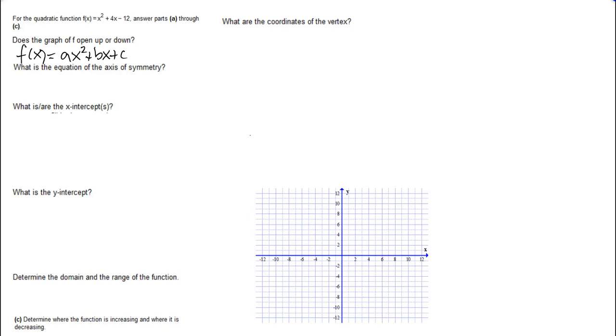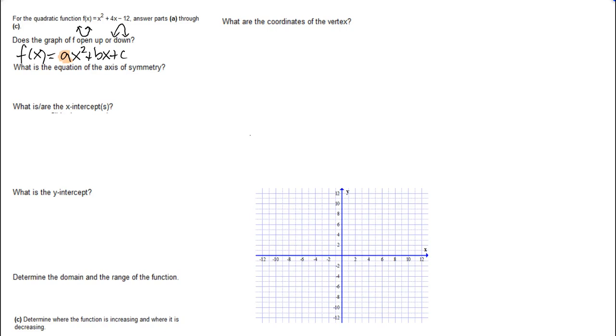If you want to know whether a quadratic will open up, meaning that the parabola is shaped like this, or opens down, meaning like this, you're going to look at the value of a.